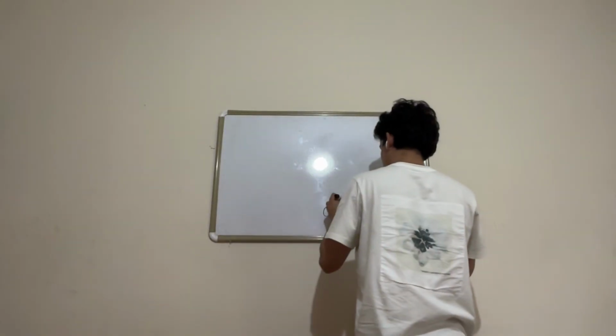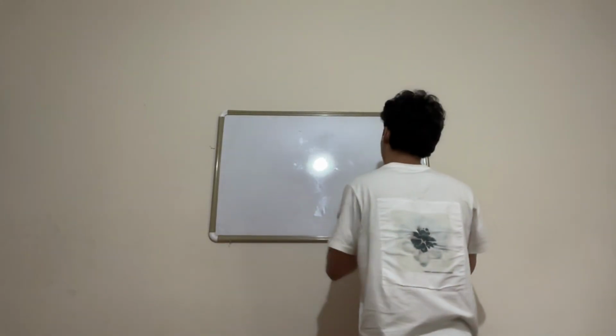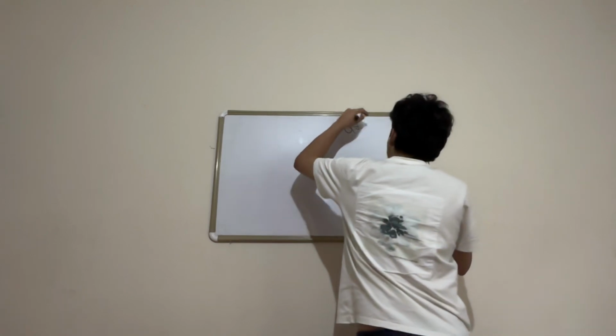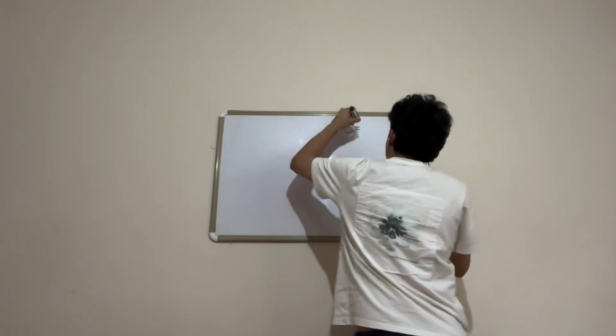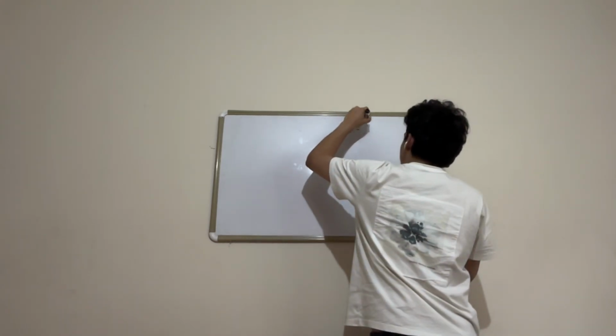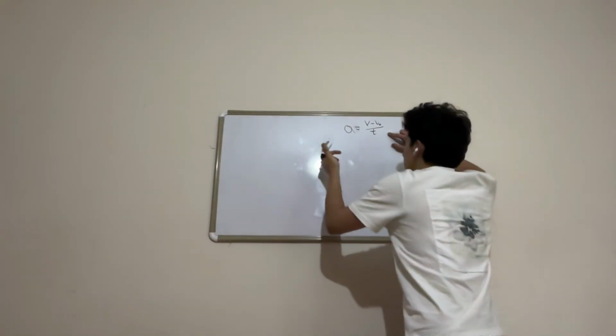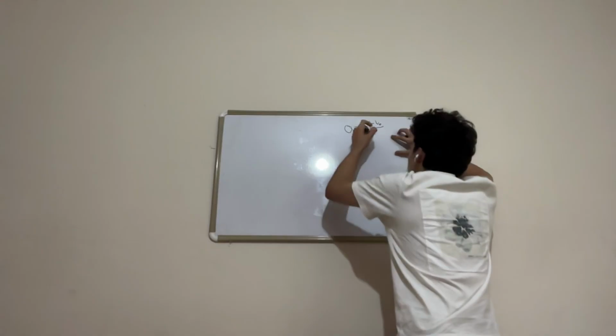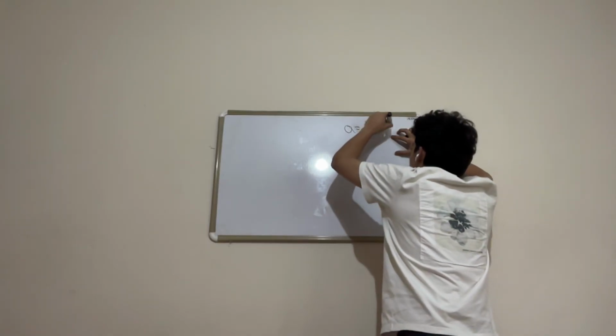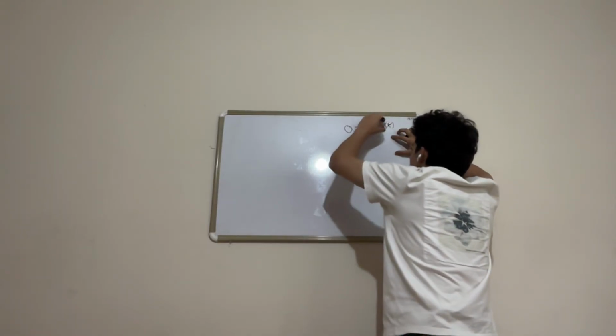I'm just going to solve it, because I think it's so much easier if I solve it. It's not that fast, but we can follow along. So we need to solve for v, the final velocity. So we multiply times t.